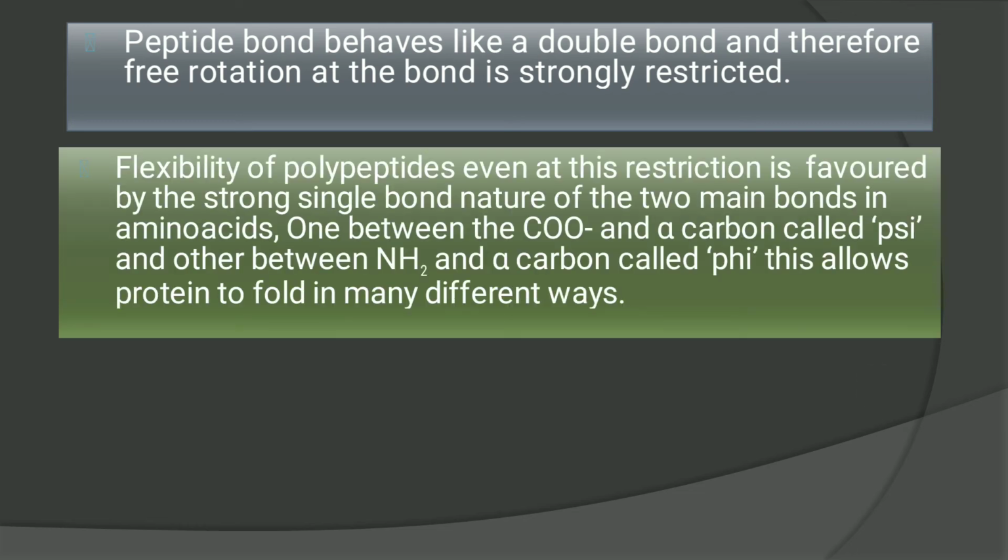But even then, we know that proteins form numerous folds, and that's why they attain the three-dimensional and quaternary structures. How is it possible? The reason is the strong single bond nature of the important bonds present in the amino acids. Let us see what those bonds are. We know that this is the alpha carbon, and this alpha carbon is linked to the amino group, and that bond is known as the phi bond.